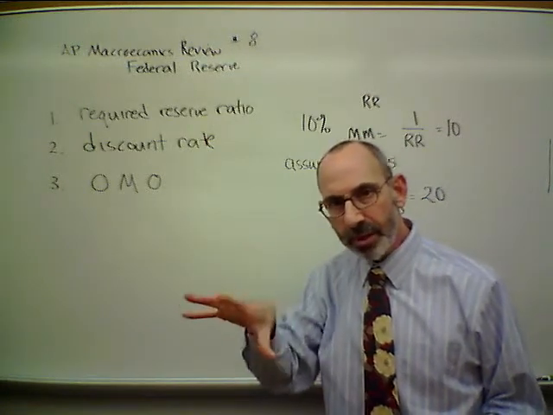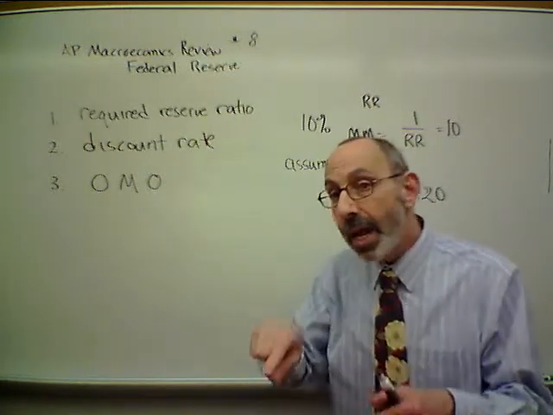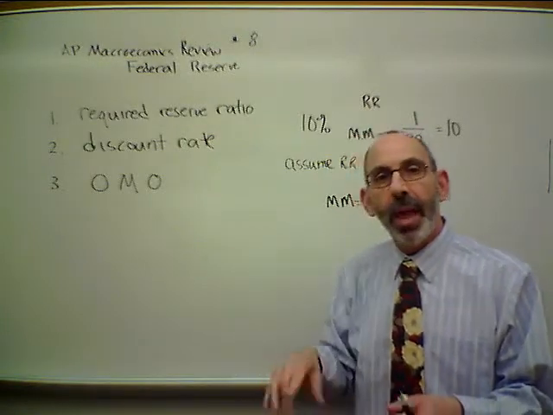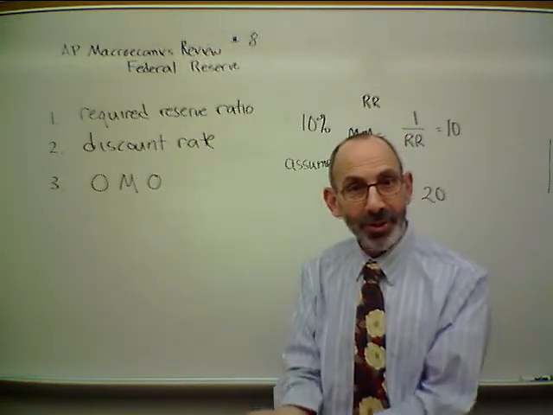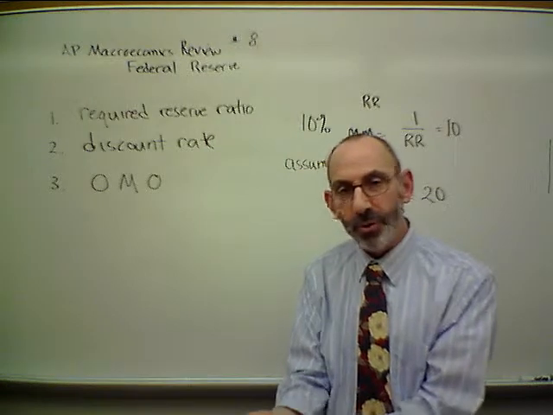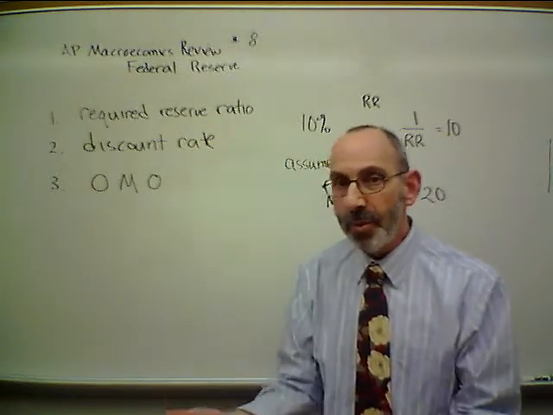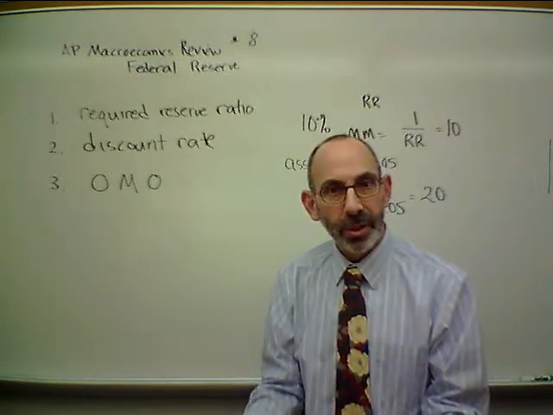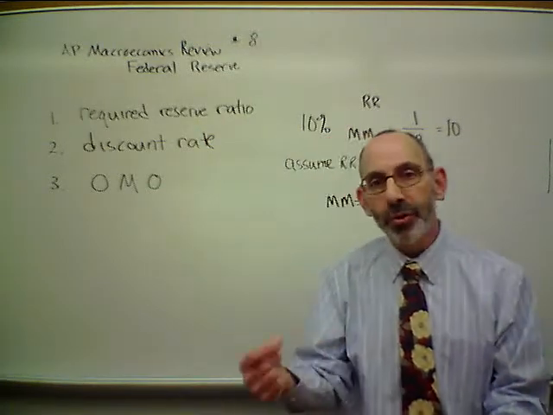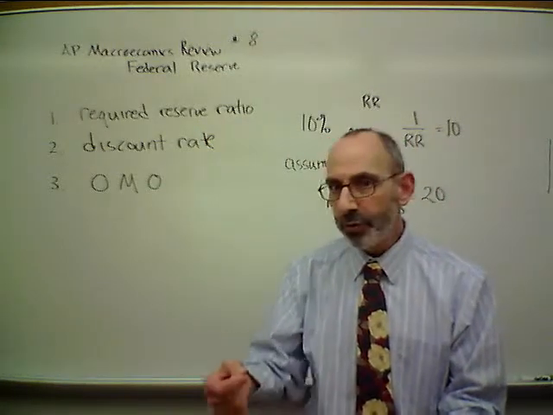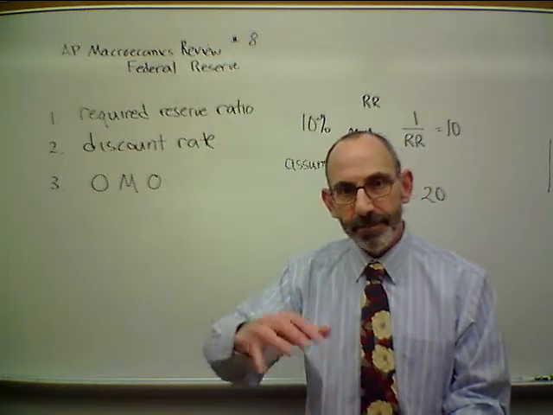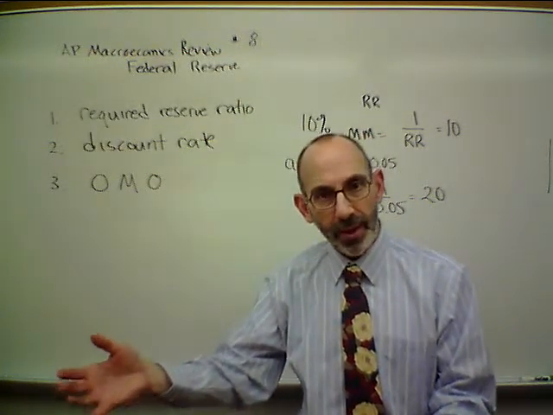A smaller percentage of new deposits cannot be used, or conversely, a greater percentage of deposits available from new depositors can be available for new loans. A greater percentage is available for new loans. If that's true, then what happens to the total amount of money on deposit?